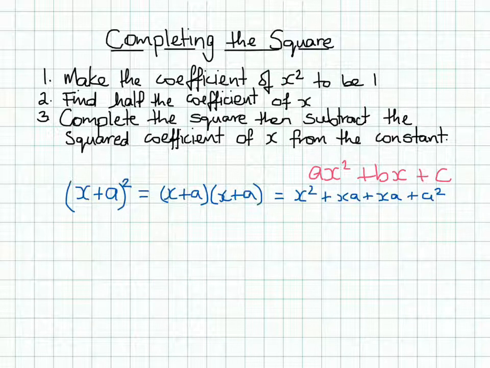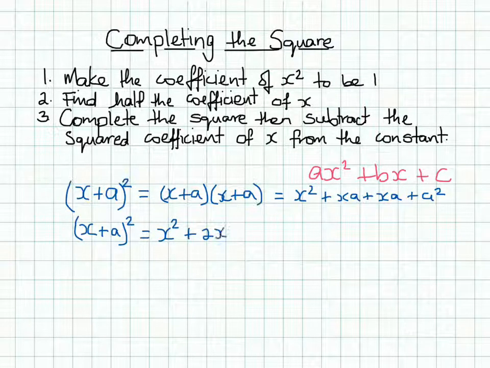All right, finally, let's simplify it. So basically, it means that we've got x plus a squared being equal to x squared plus 2xa plus a squared. So here, straight away, if you're wondering where the 2xa came from, I just added that xa and that xa together, which I can do.